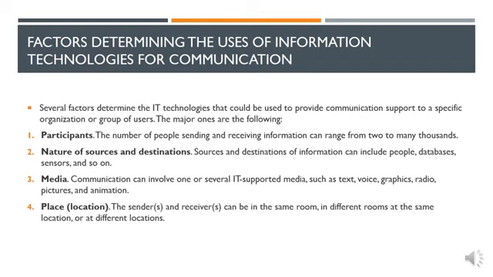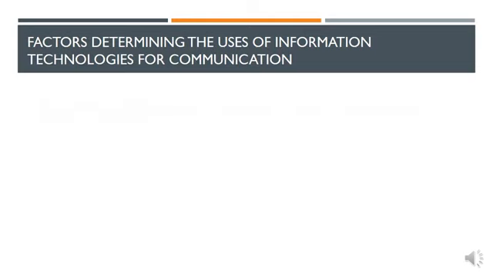Number 4, place or location. The senders and receivers can be in the same room, in different rooms, at the same location, or at different locations. Number 5, time. Messages can be sent at a certain time and received almost simultaneously.